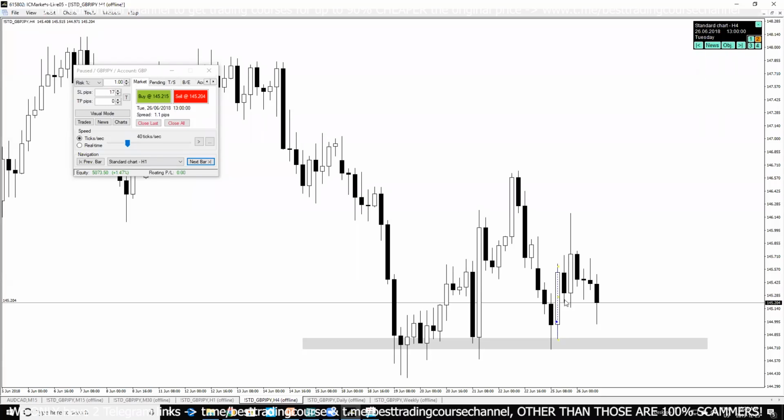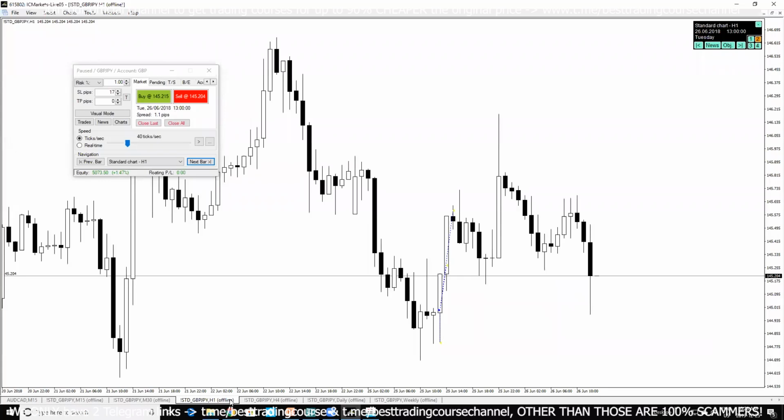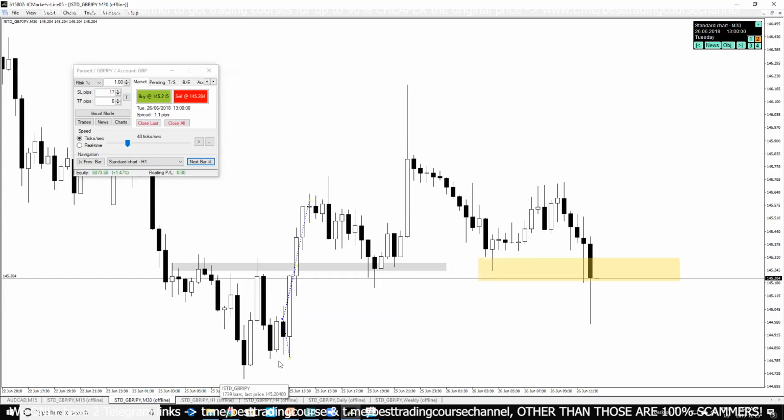So what we're going to do is go to the 1-hour time frame, and we're going to see some more information, because it seems like on the 1-hour time frame, this 1-hour candle closed below all this information here. Yes, that's correct. It closed below all this information here. So now when we go to the 30-minute time frame, we have the same information over here, right?